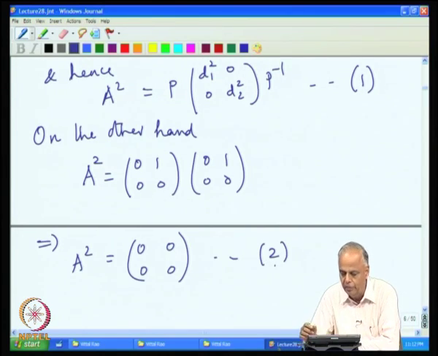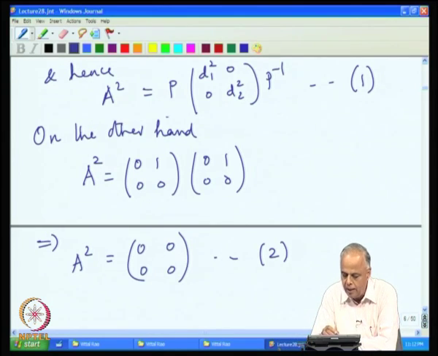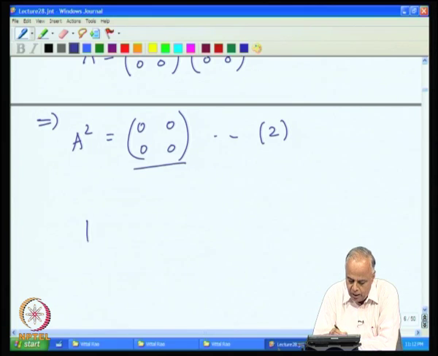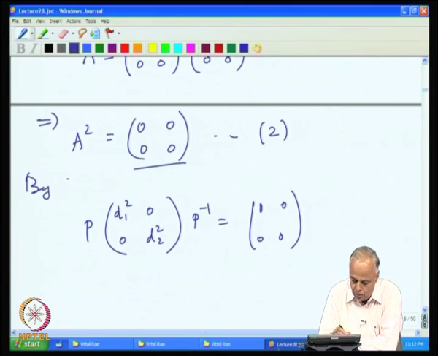Therefore, now if we compare 1 and 2, we see that the right hand side here must be equal to the 0 matrix. So, we get P into diag(D1 squared, D2 squared) into P inverse is the 0 matrix. This is by 1 and 2.